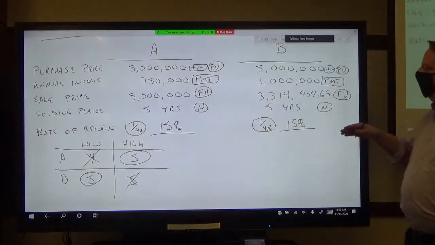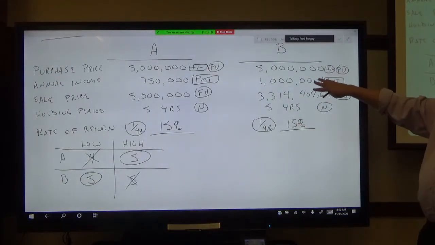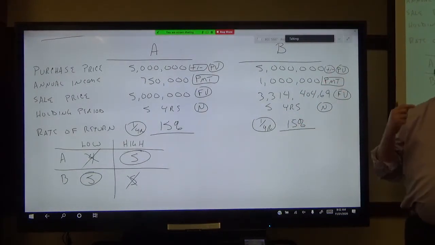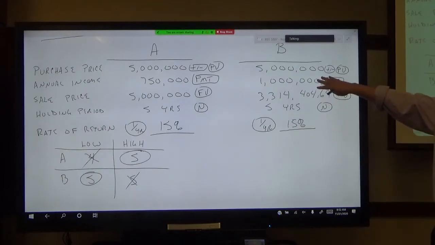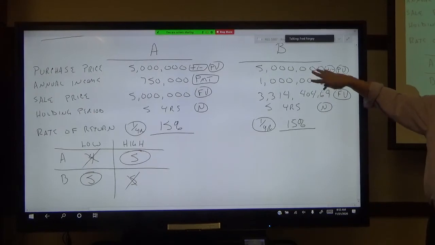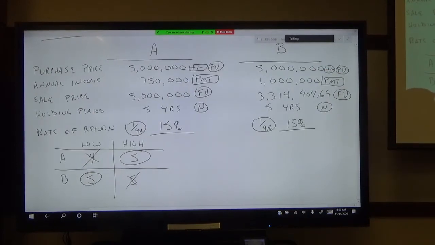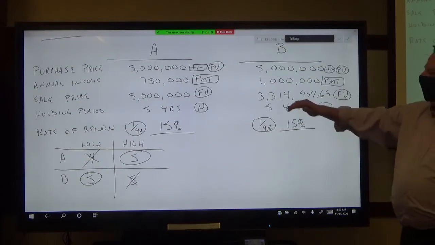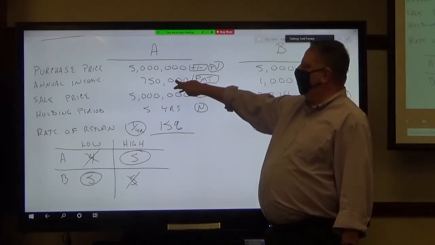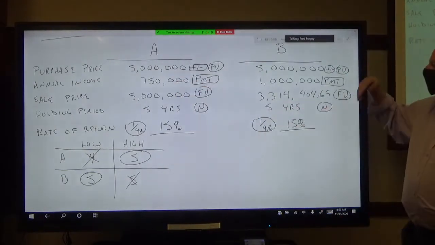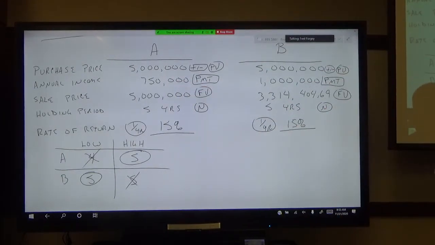Well, what's different is that with B, you're getting more money, but you're getting it quicker. In other words, as the owner of the property, you're getting $750,000 a year for A for 5 years, whereas for B, you're getting $1 million a year.